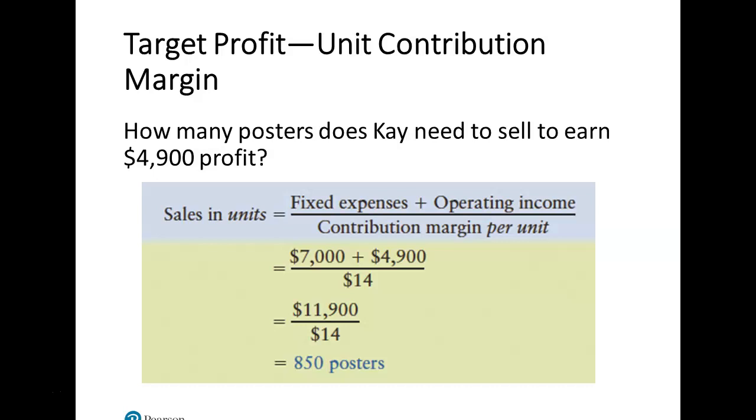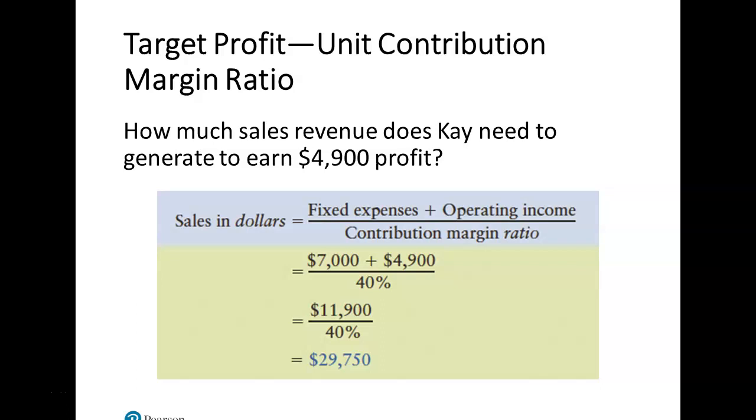So instead of just saying I'm going to create 500 posters just to break even, I'm going to create 850 posters so that I can get a $4,900 profit. And we reached that. That says a lot about managers and leaders of an organization, because they have to make certain that they are evaluated on the results of their operations. These are key indicators of an organization holding a manager responsible for the profit of that particular unit, that particular department.